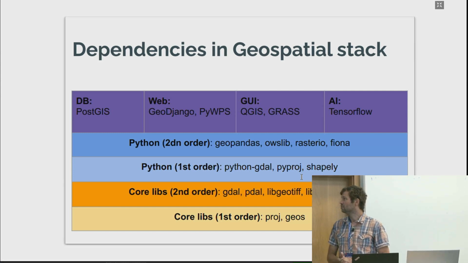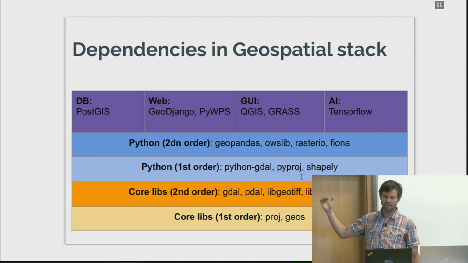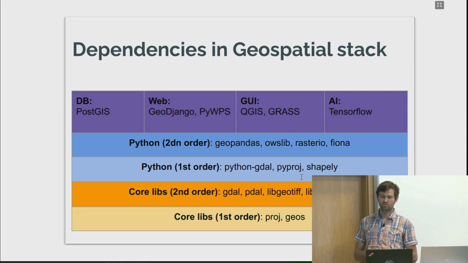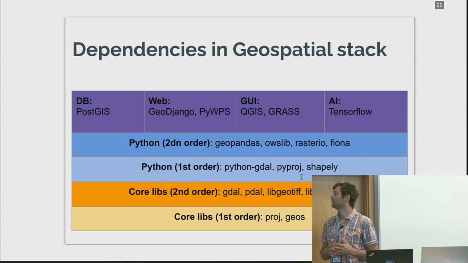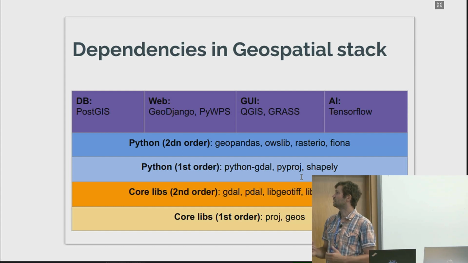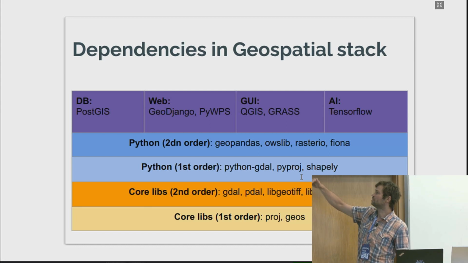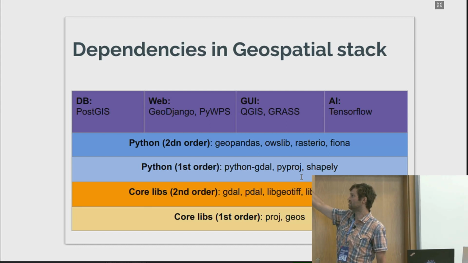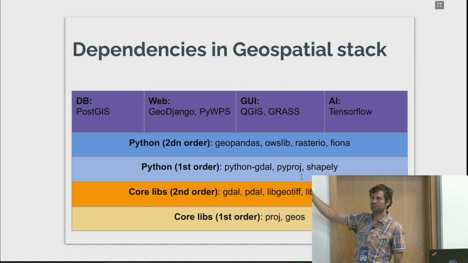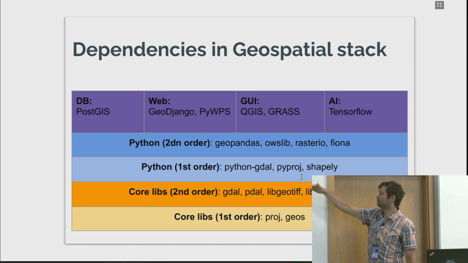We totally depend on those core libraries to provide us access to formats, to transformations, to some processing pipelines, and we are extremely happy if a new format is added to GDAL or some bug is fixed. But the lower the change happens, the bigger the impact on anything on top of those libraries.